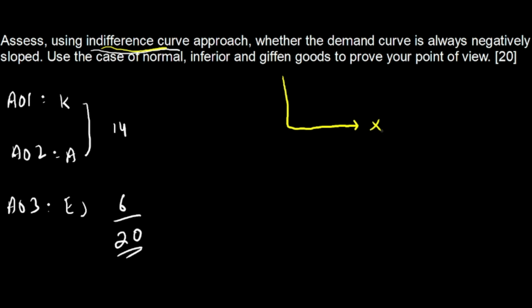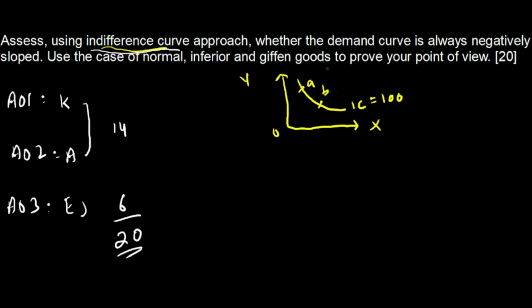For example, we have two goods, X good and Y good, and the IC curve or indifference curve looks like this. This indifference curve shows that the consumer will get 100 units of satisfaction along all the combinations of this same IC curve.